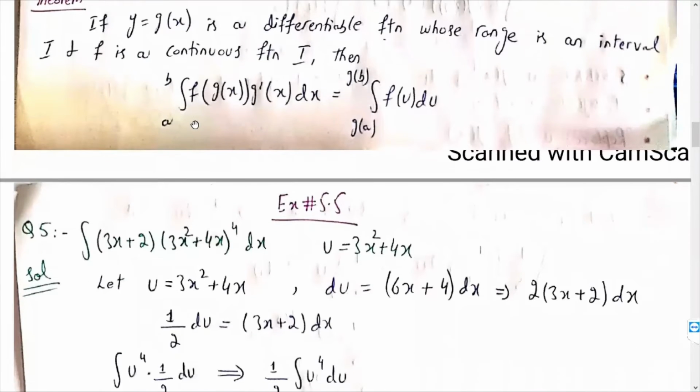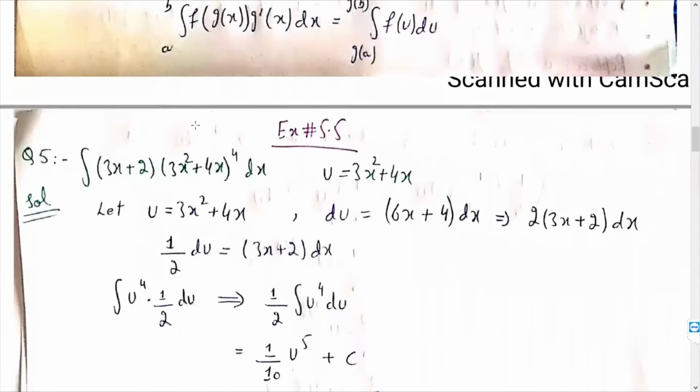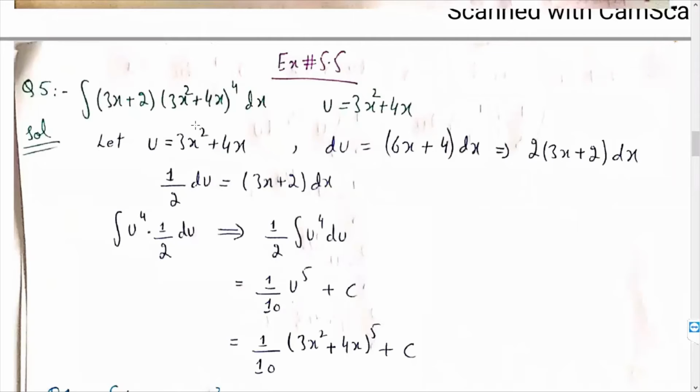Now moving towards exercise 5.5, question number 5. Integral 3x plus 2 into 3x square plus 4x raised to the power 4, where u is 3x square plus 4x. Here in this question they are already telling us what substitution to take.